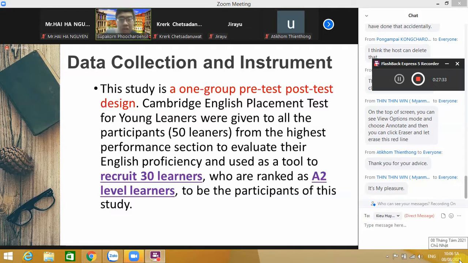So here, in order to be sure that the participants are more or less of the same English proficiency level from the beginning, she used this particular test to screen the students. And finally, she got only 30 learners, ranked as A2 level learners.